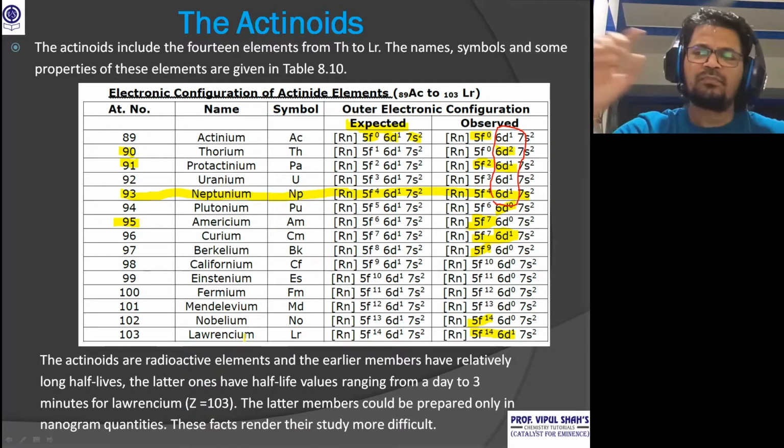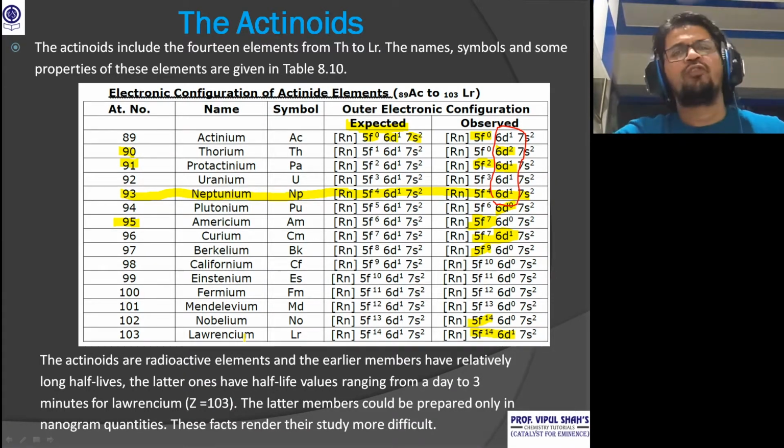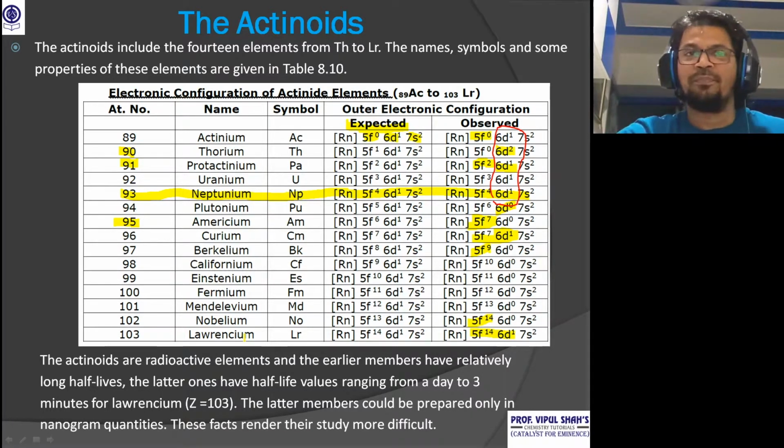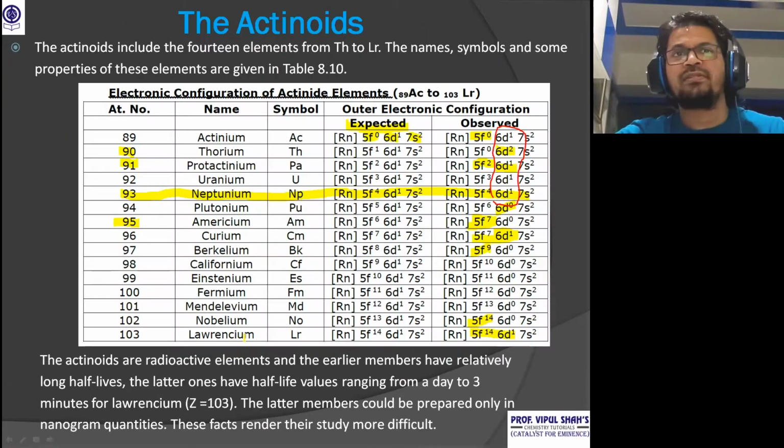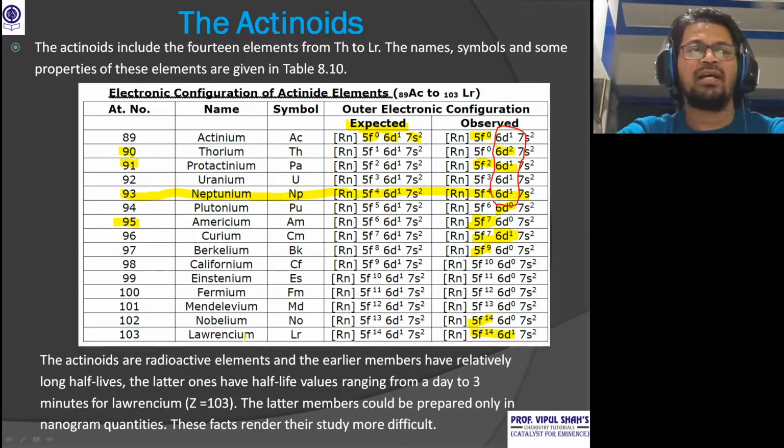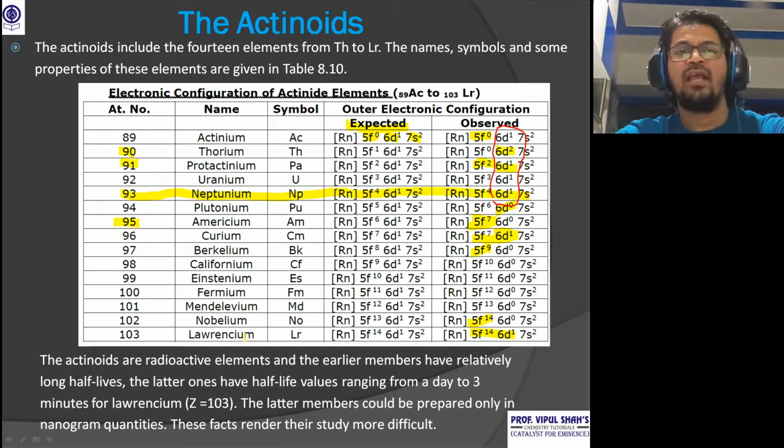Now compared to lanthanoids, if you remember, I told you in the entire d block there was only one man-made element, that was technetium. In the f block, the story is a little different. Actinoids are radioactive elements, because post 82, all after lead, are basically radioactive substances.